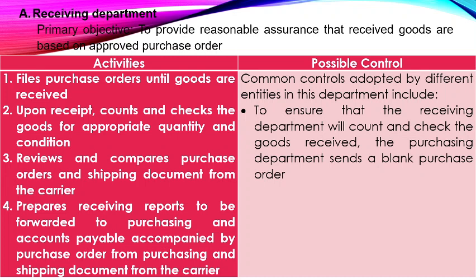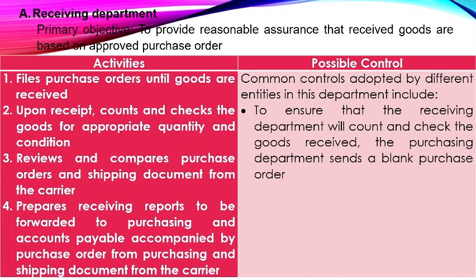Files purchase orders until goods are received. Upon receipt, counts and checks the goods for appropriate quantity and condition. Reviews and compares the purchase order and shipping document from the carrier.